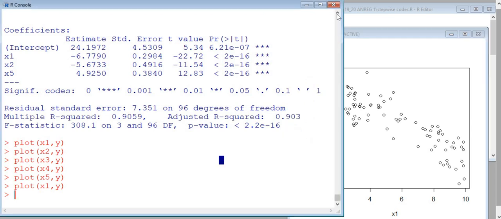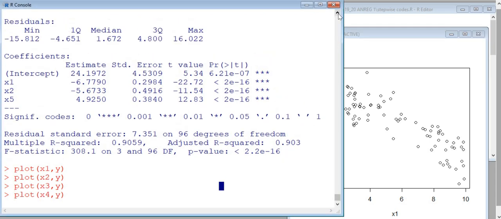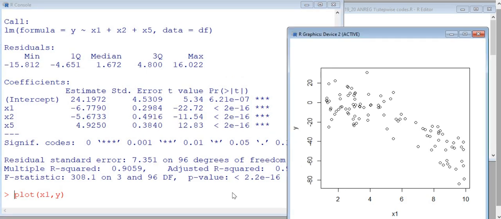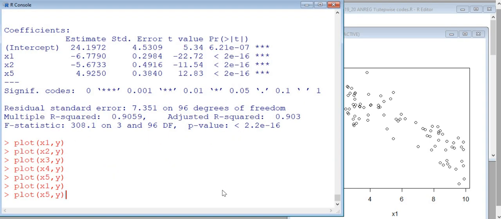So although stepwise suggested that this model is the best, after further examination I would fit my model as y based on x1, x2, x5, and then x1 squared.